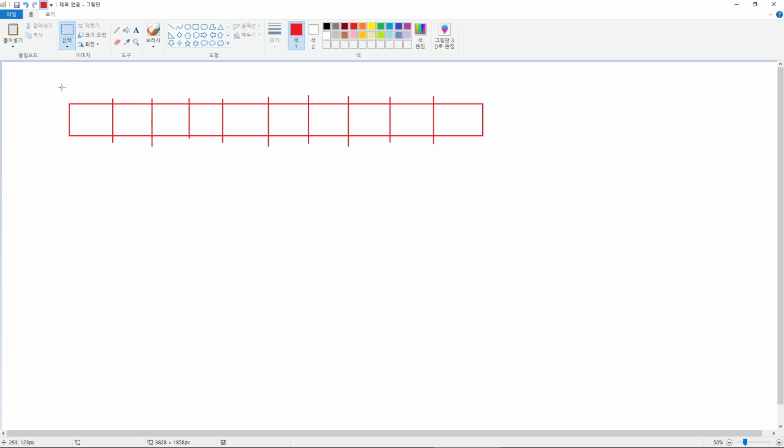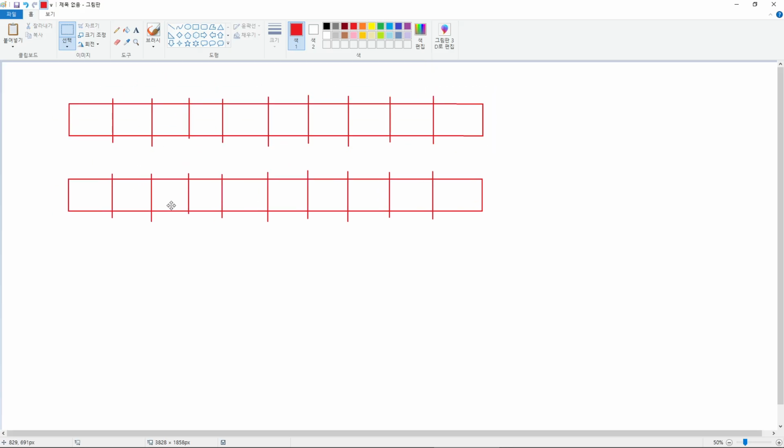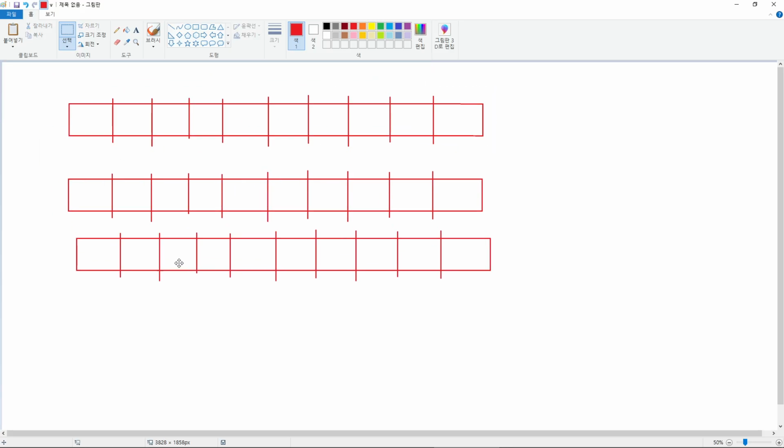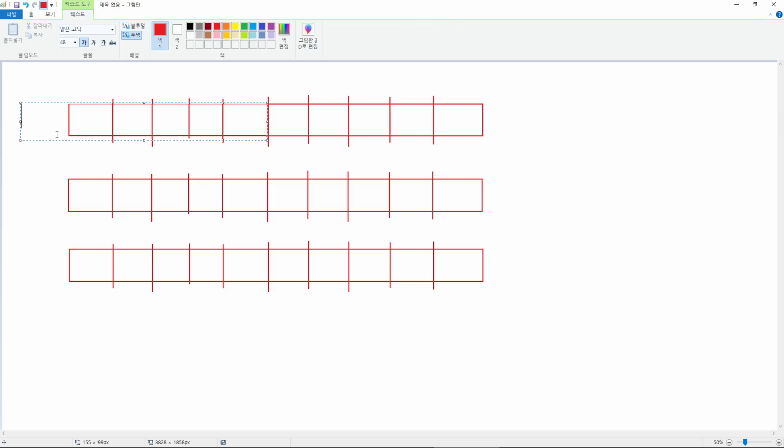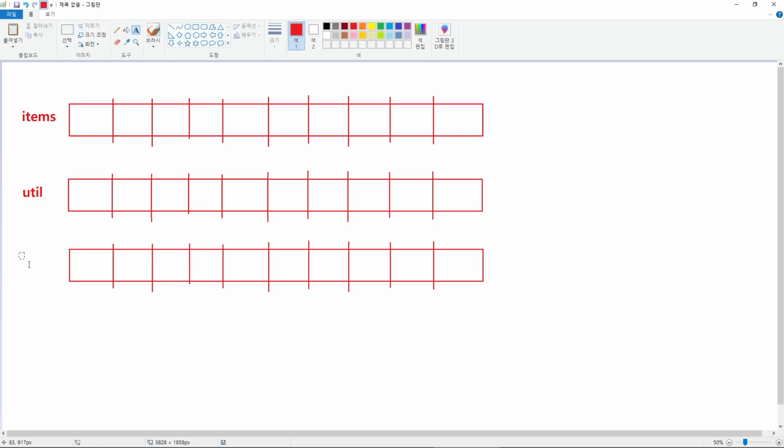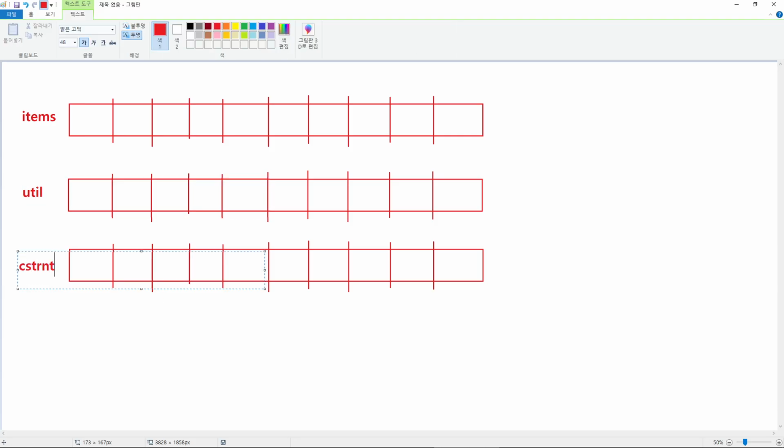So this is 10 sections, 10 items each. This is items. This is utility values. And this is constraint values.